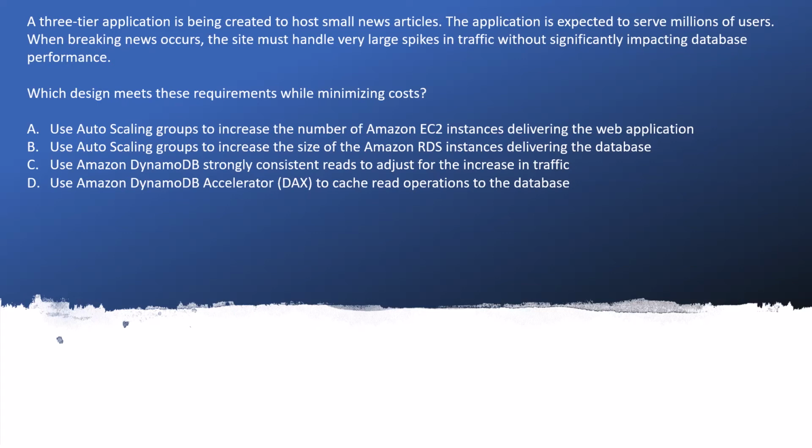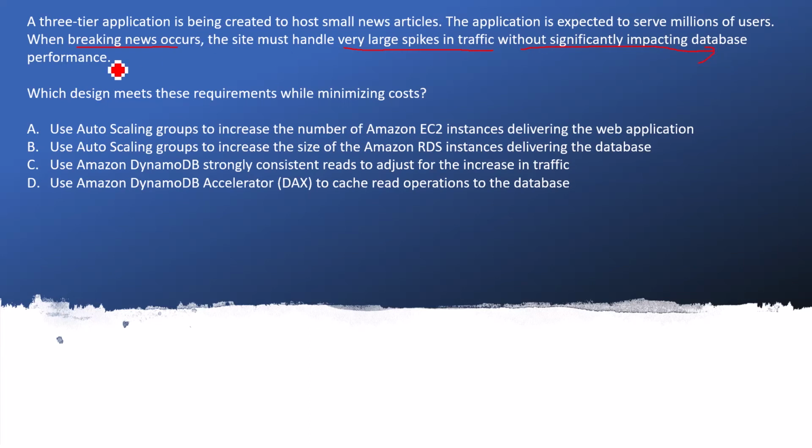So let's highlight the main points provided in the question. One thing is that very large spikes come when the breaking news is there. One more hint is that they are trying to connect with the database.